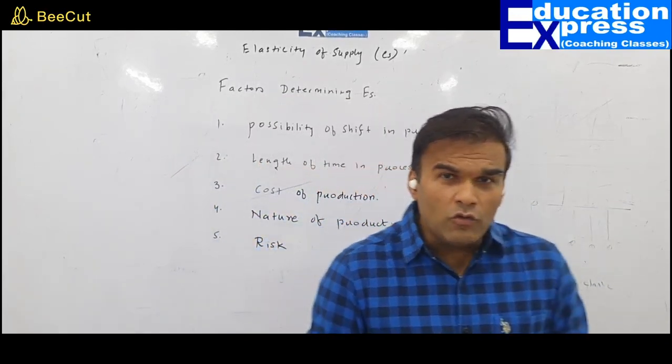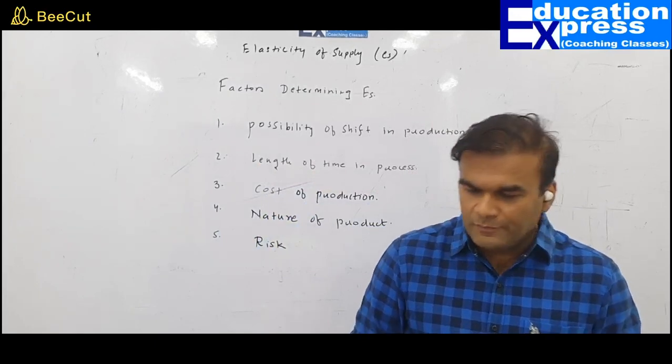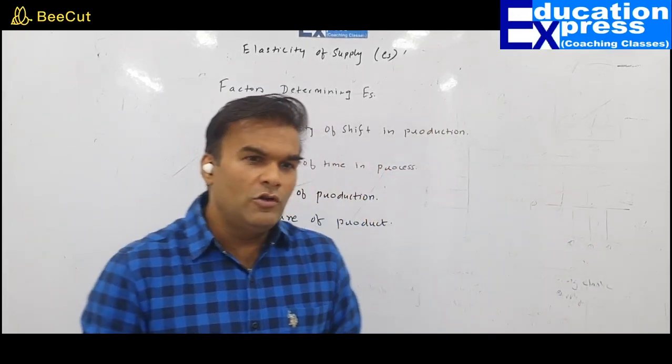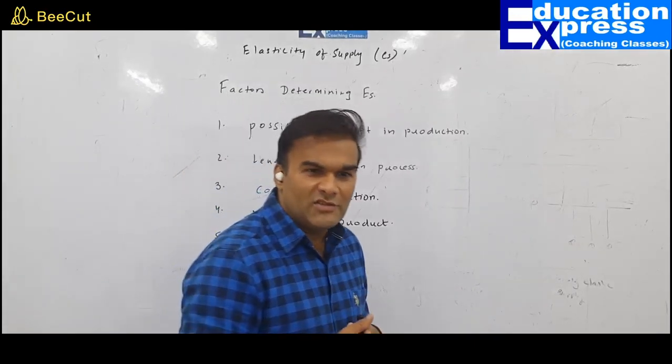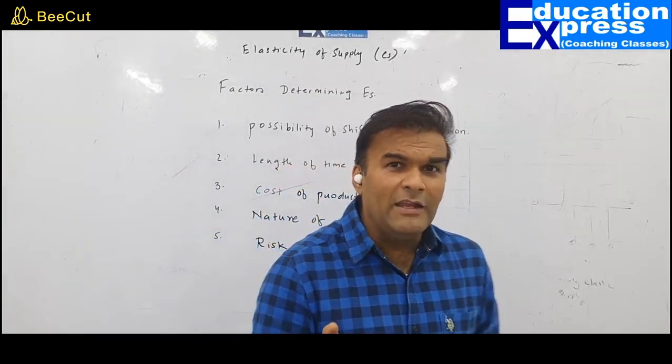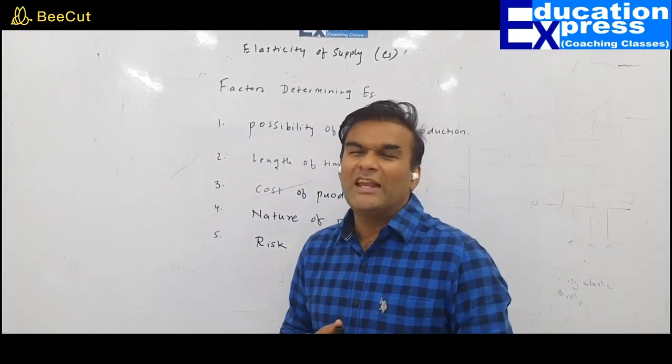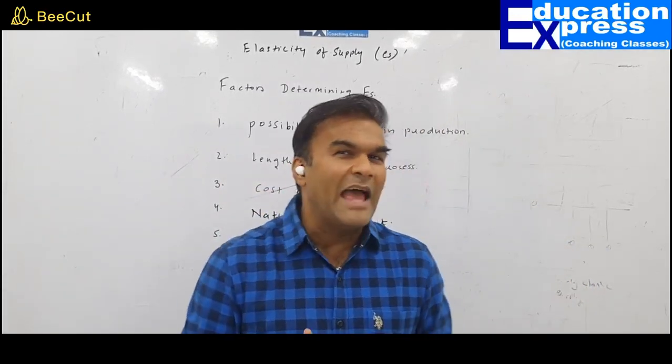So what do I do? I have an option. I can shift my production from alcohol to manufacturing of sanitizers, because the main ingredient needed for manufacturing sanitizers is spirit, which is alcohol.